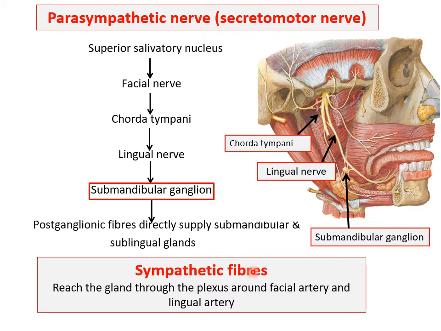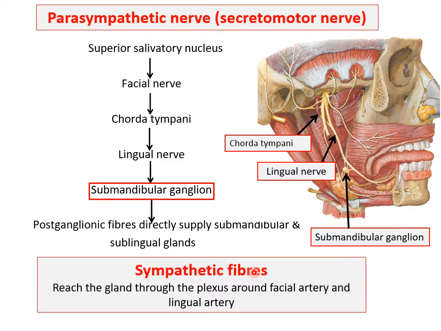What about sympathetic nerves or sympathetic fibers? The sympathetic fibers also have two components, preganglionic fibers and postganglionic fibers. The preganglionic fibers, as you know, arise from lateral horn cells of the spinal cord. Then they reach the sympathetic ganglion, which is located in the sympathetic chain.